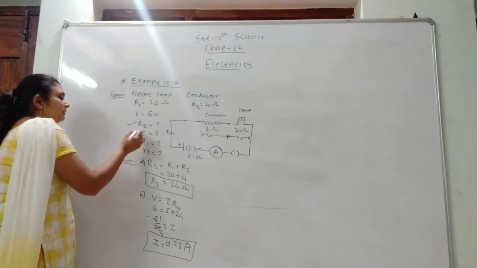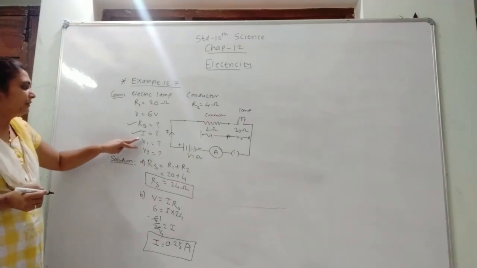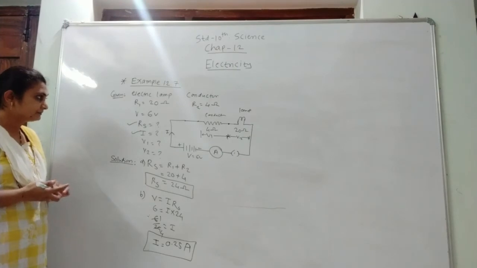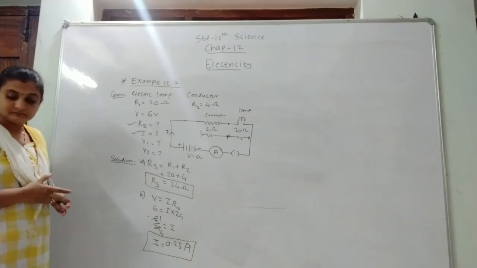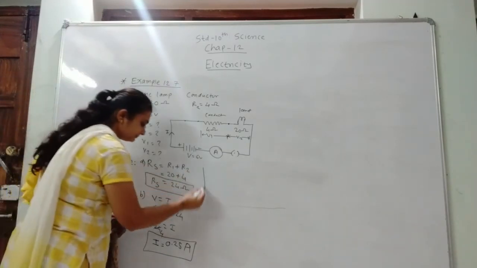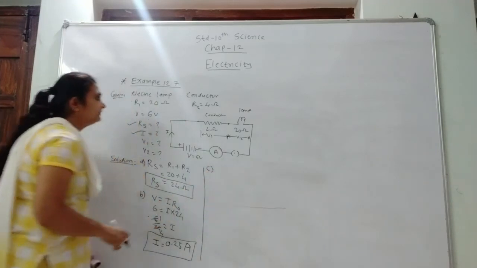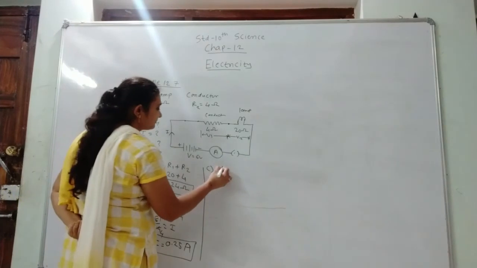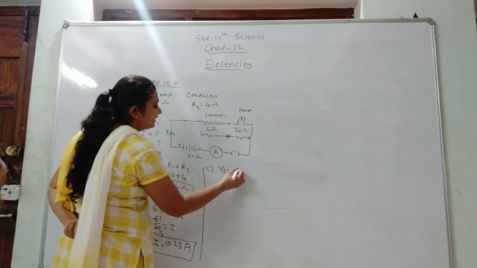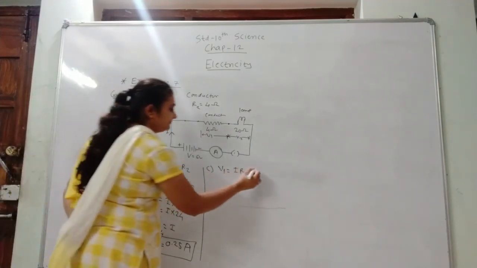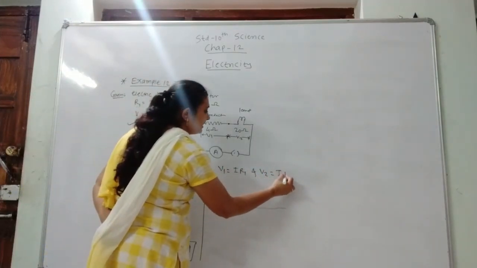Now I is also found. Now we have to find V1 and V2. Note down first. Using Ohm's law, we write V1 is equal to IR1 and V2 is equal to IR2.